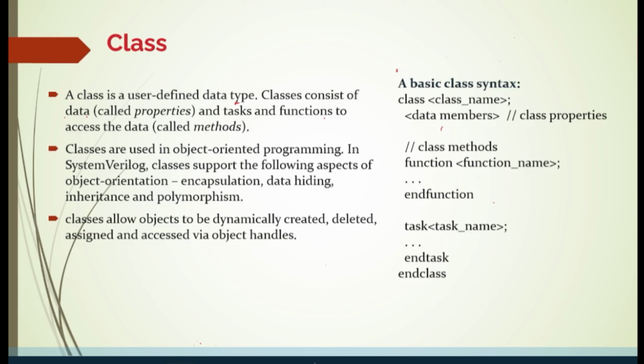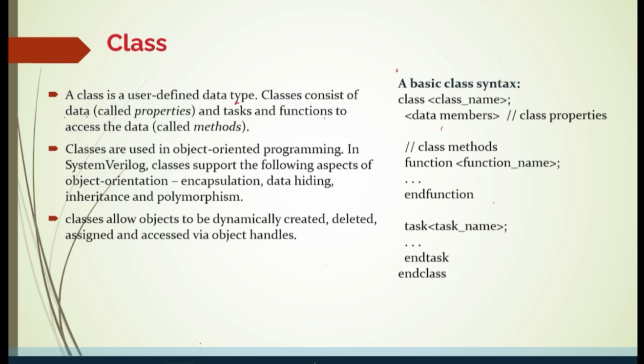As I already told you, SystemVerilog is used to verify complex circuits. When it comes to complex circuits, the most important advantage of SystemVerilog is the reusability property. That means we will be developing the test bench by using reusable properties.